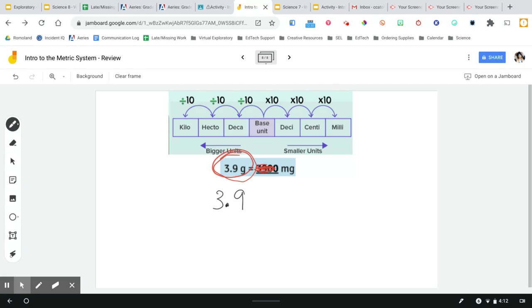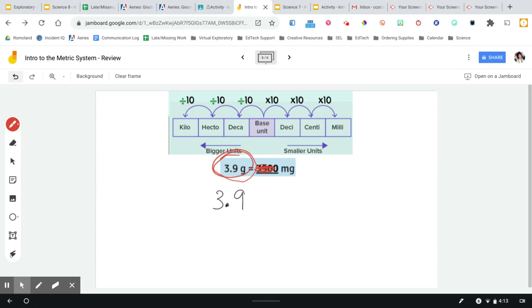3.9 grams. So I need to look for the word gram, or I need to look at where grams is on this chart. However, I don't see it. I only see kilo, hecto, deca, deci, centi, and milli. But remember, gram is a base unit. You can also tell, again, because there's only one letter in the abbreviation, just a lowercase g.